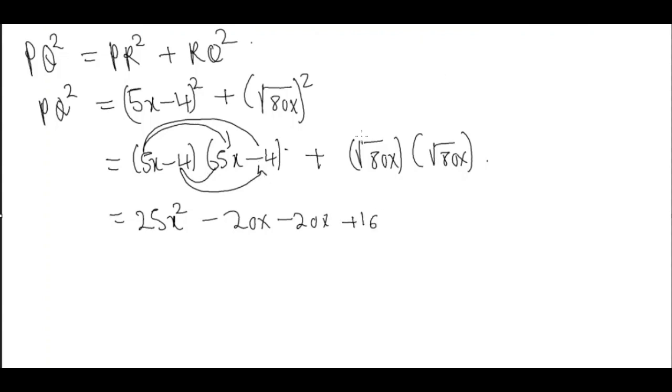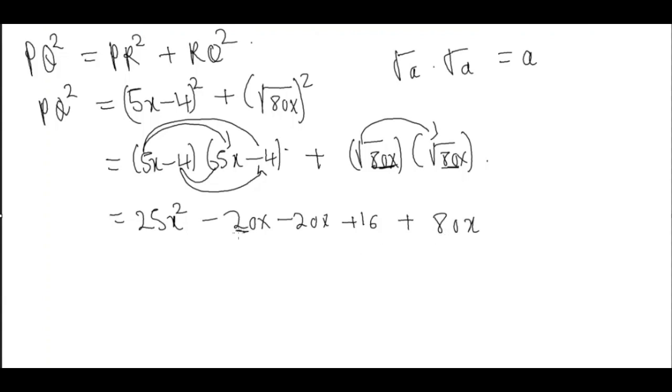So here we see that we have square roots multiplying each other. So remember, in the laws of radicals, the square root of a times the square root of a is a. So in our case, the square root of 80x times the square root of 80x will give us positive 80x.